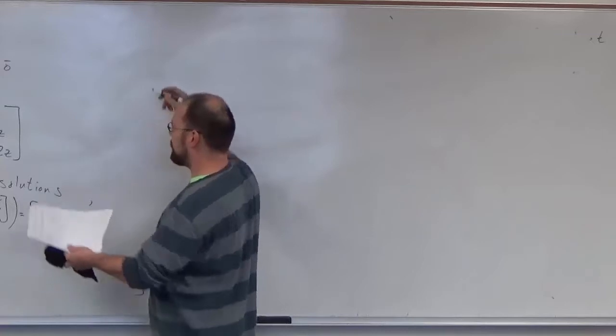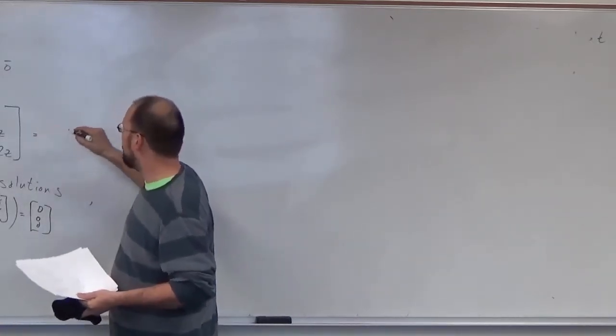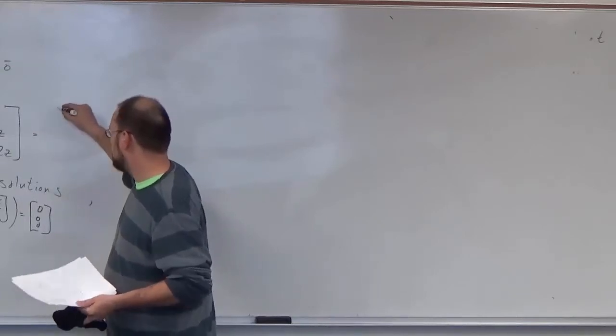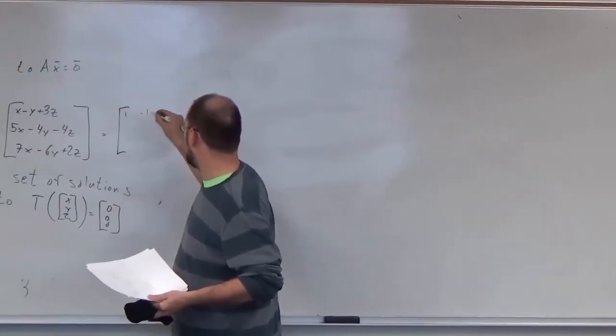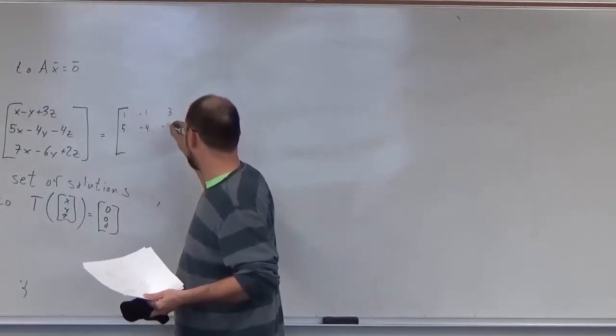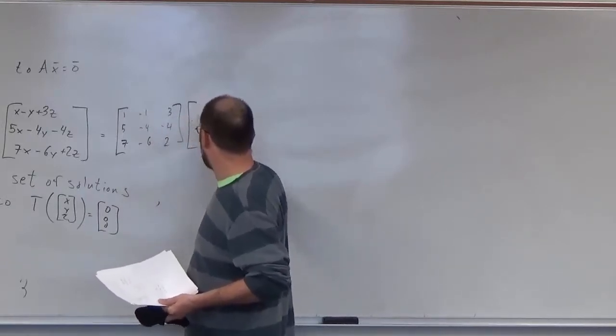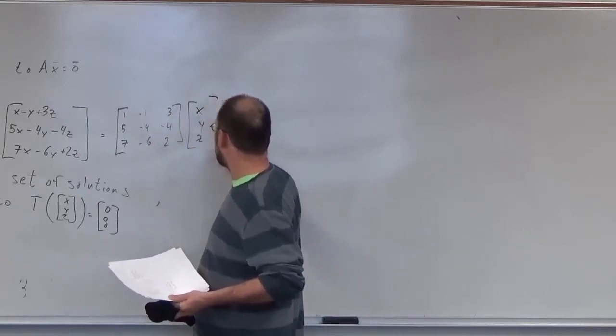Well, what's the matrix representation of this? This almost defines itself, right? We have the matrix of coefficients for x, y, and z respectively in that order. That's that matrix.